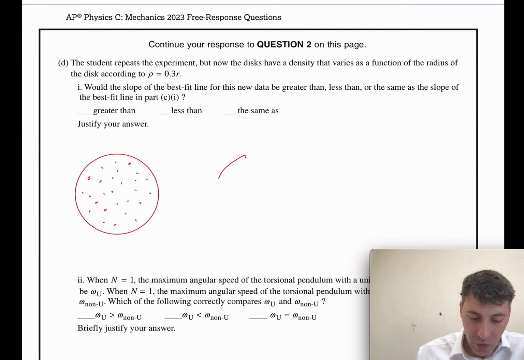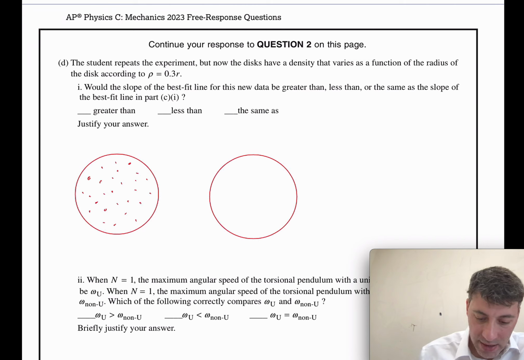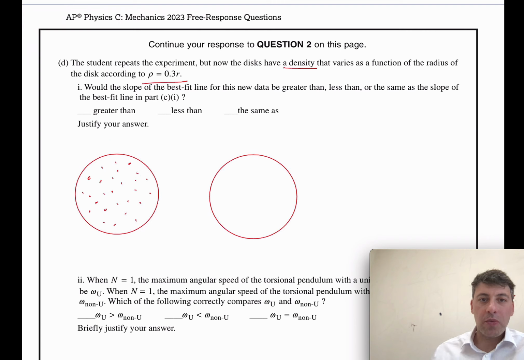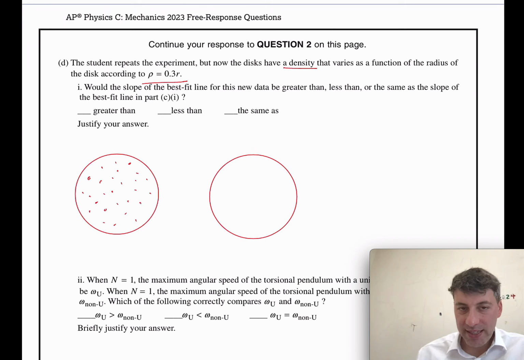Now, for this disk, we have a density that depends on r, the distance from the center. So as we go away from the center of the disk, the mass increases.